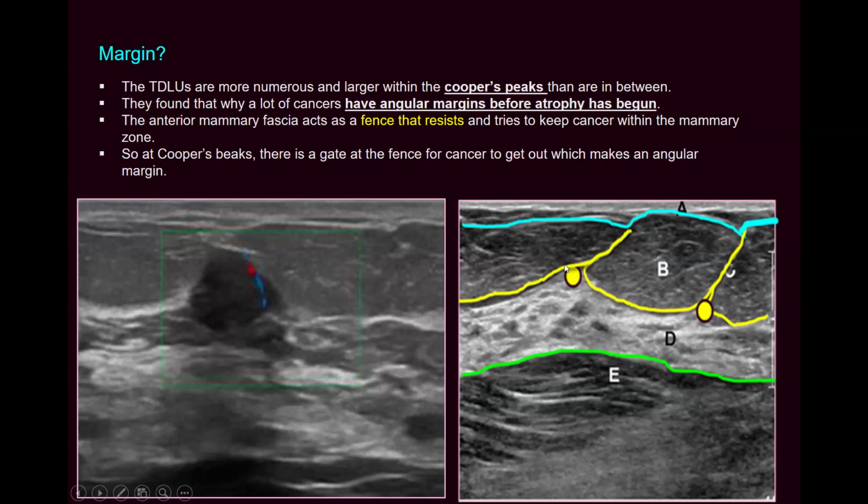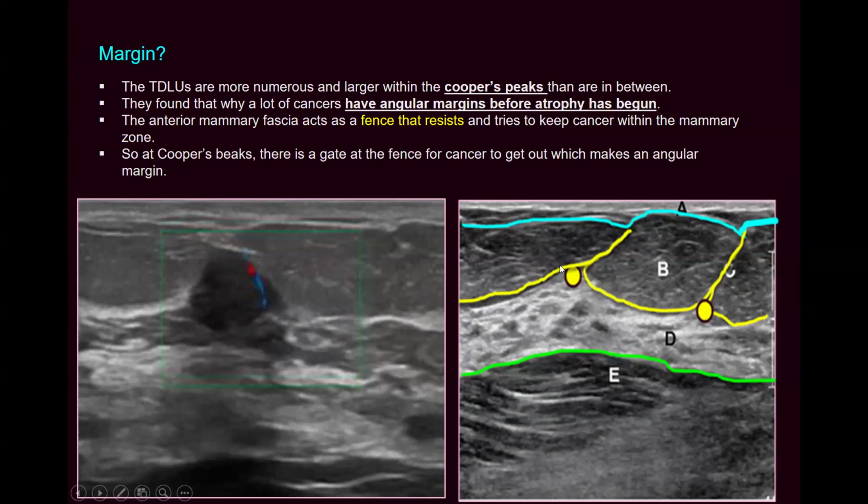So he considered the base of the Cooper ligament to represent the gate in this fence. So cancer can spread or extend through this weakest portion of the anterior mammary fascia.